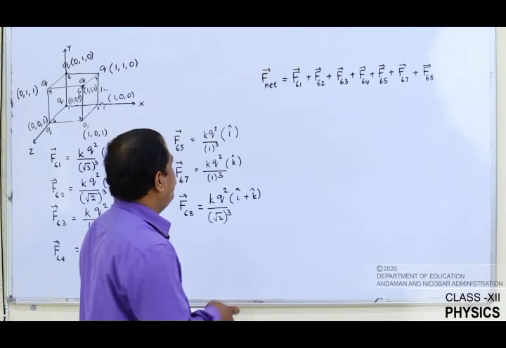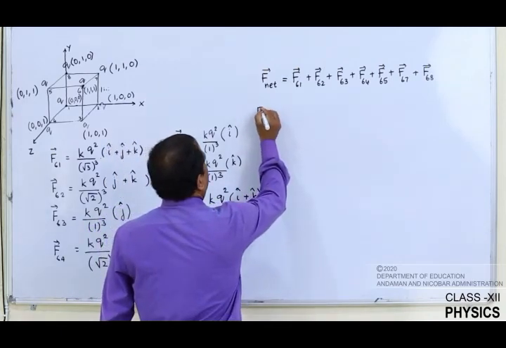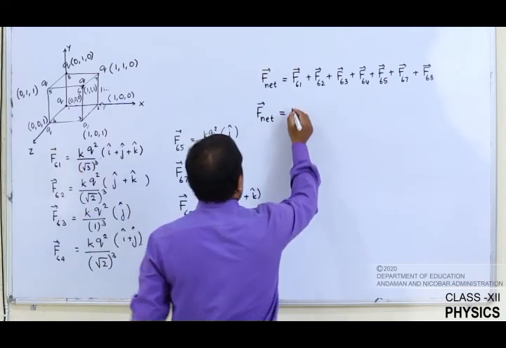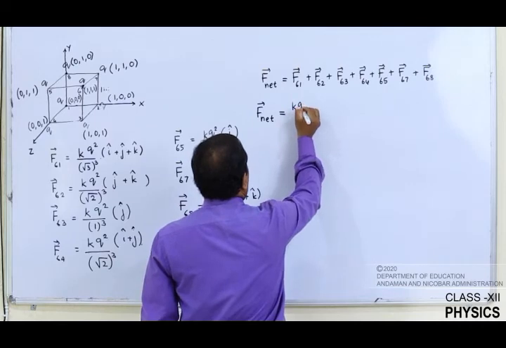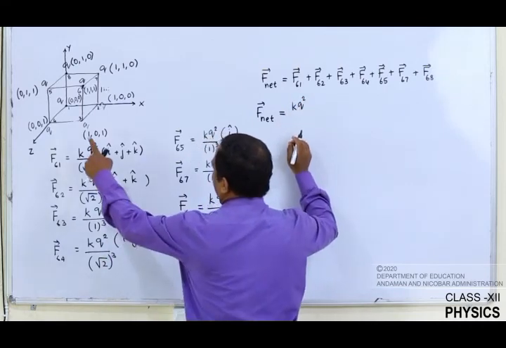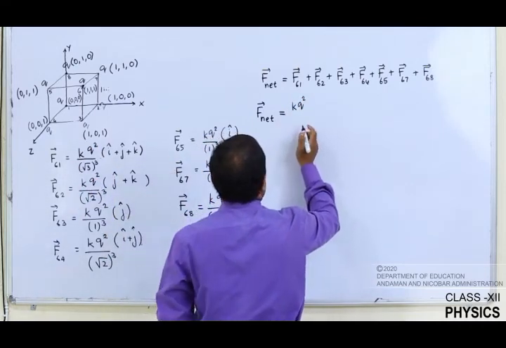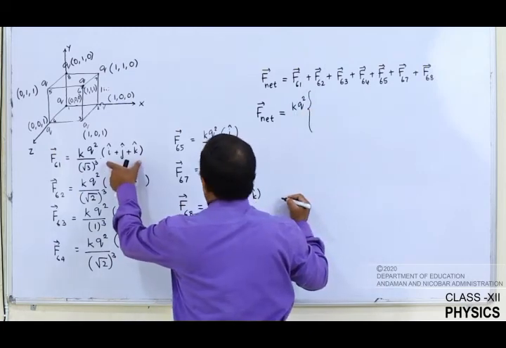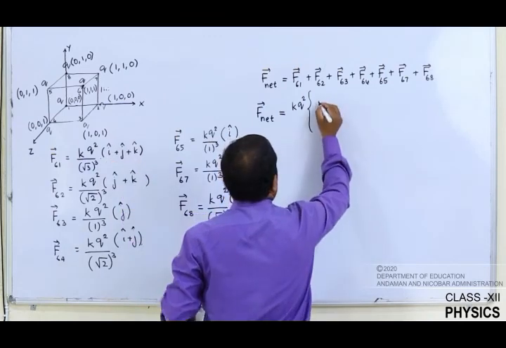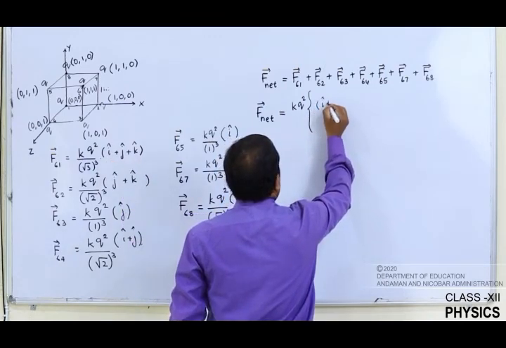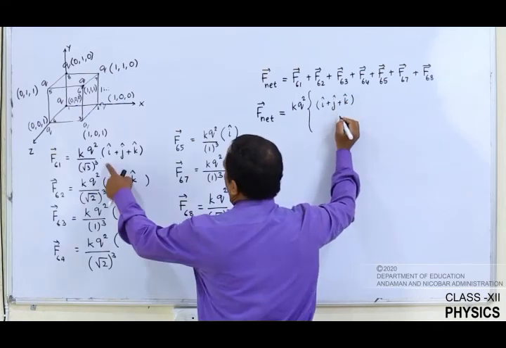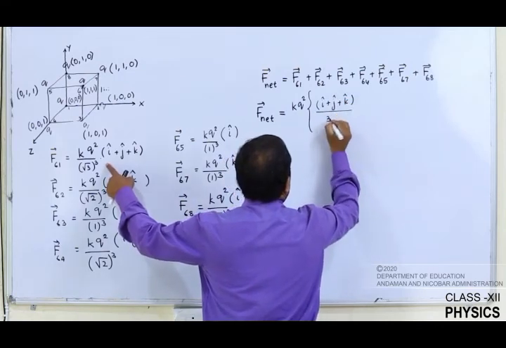So the F net is equal to F61 we calculated. So I can take k q square, I hope common from all, and I have the first part F61, I will have i cap plus j cap plus k cap by 3 root 3.